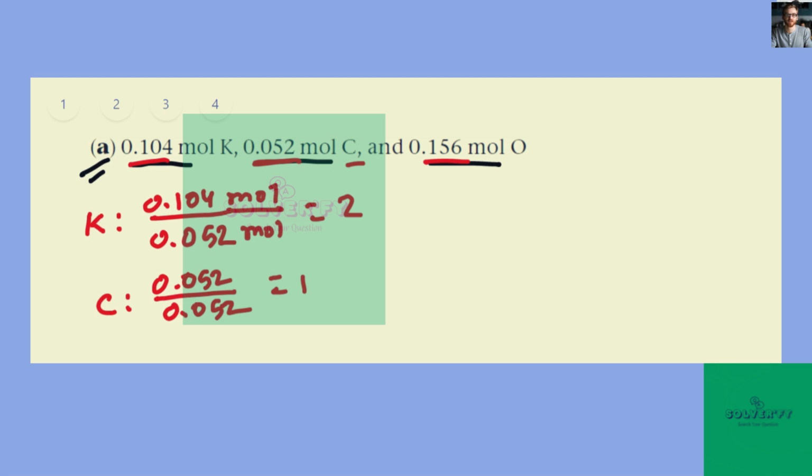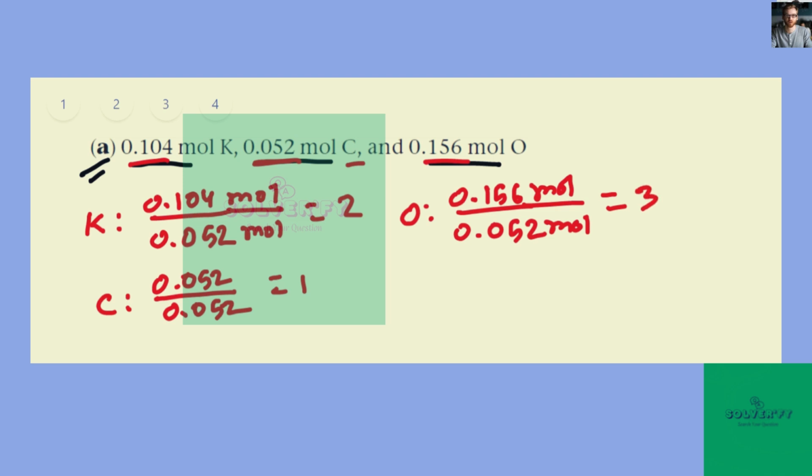And then the ratio of oxygen will be 0.156 mole over 0.052 mole, and this will give us a value of 3.